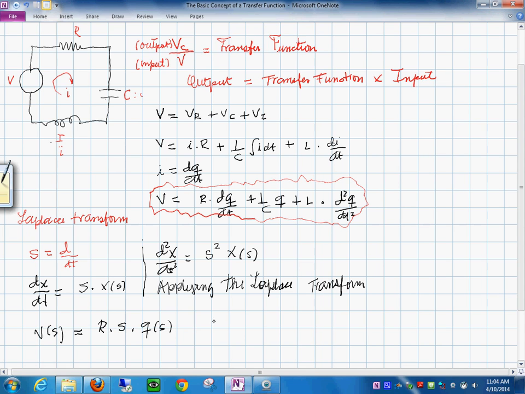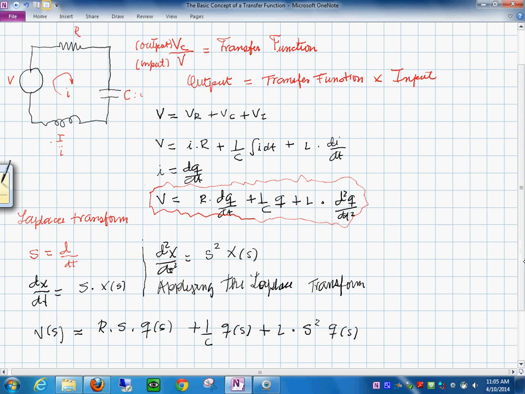And then you have plus 1 over C times Q of s, plus L times s squared times Q of s. See?